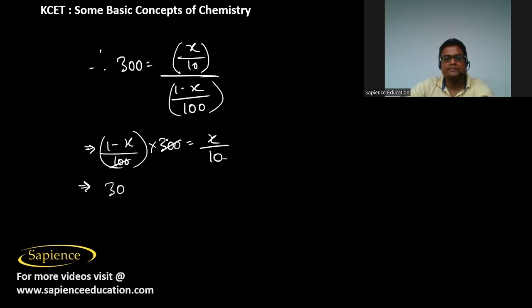Now this is 30 minus 30X equal to X. Therefore 31X is equal to 30, X equals 30 by 31.